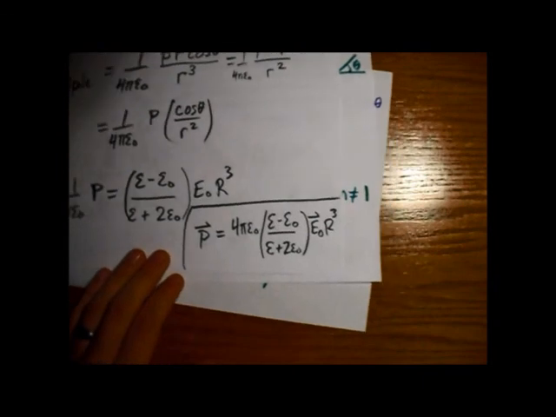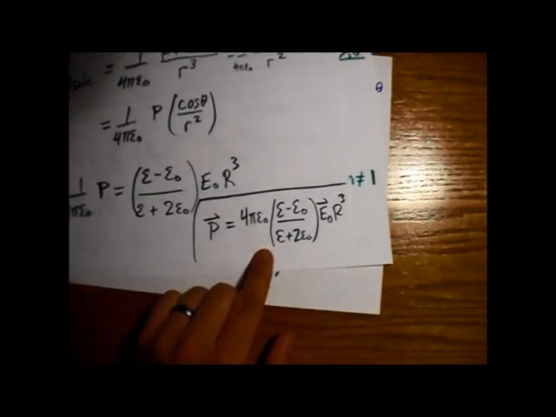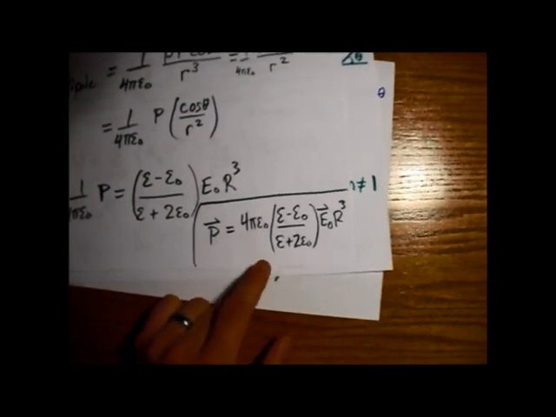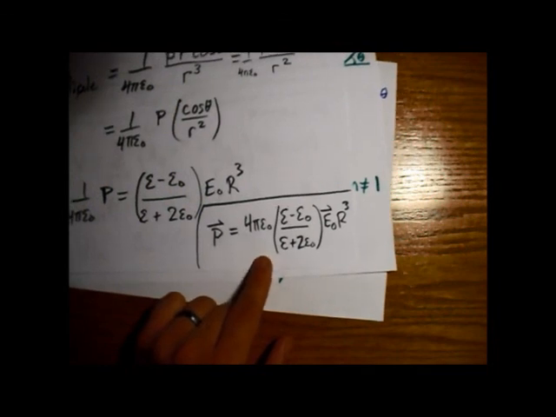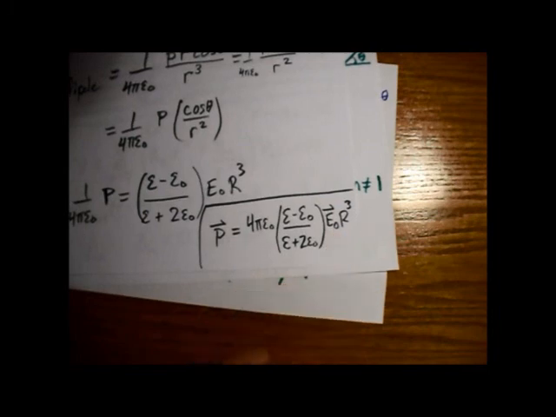Okay, so now that we have our expression for the induced dipole moment for a dielectric sphere in a uniform electric field, E naught right here, we're going to look at the case where we take this dielectric sphere and bring it into the presence of a point charge. The point charge has its own electric field, right?